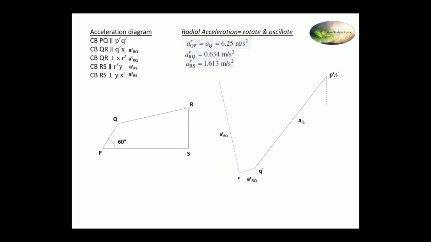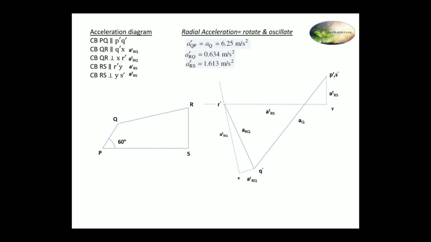Next, RS: draw parallel to RS, then a perpendicular line, and both lines meet at the point R. From R dash you can draw a straight line to Q dash.